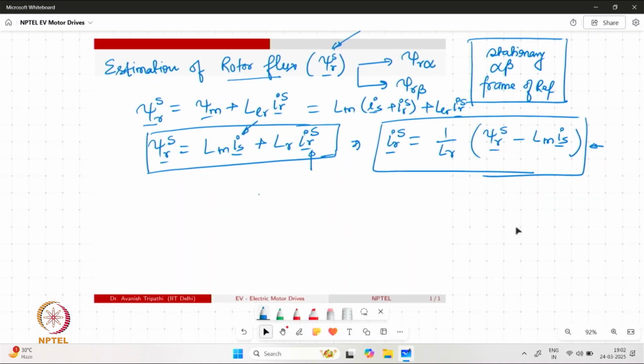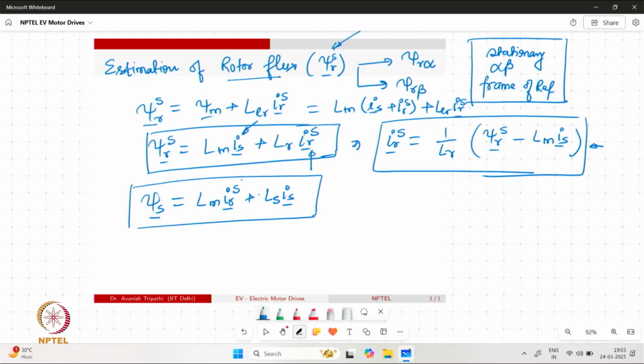And we are going to use the next equation, the stator flux equation, where we can plug in the value of IR from this previous equation.